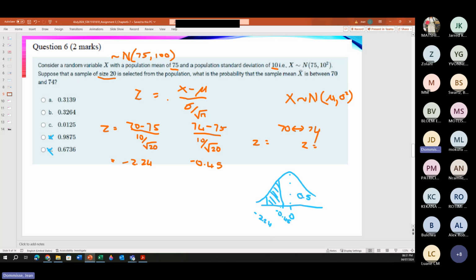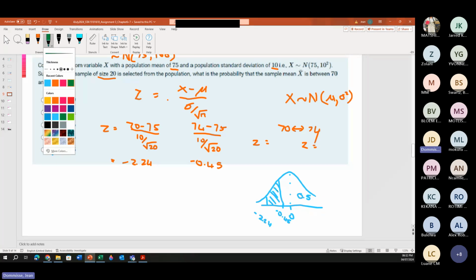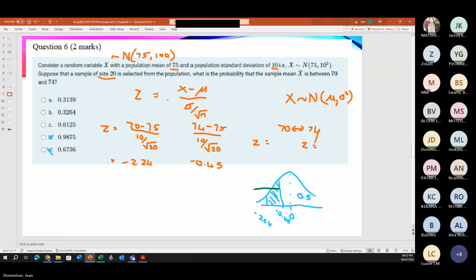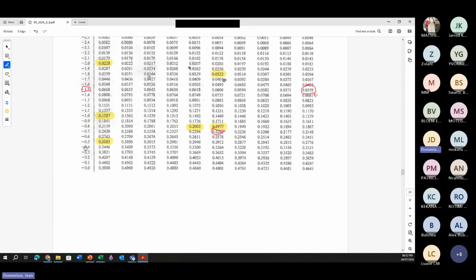So what we will need to do is to say, okay, let's get the probability that Z is smaller than minus 0.45. I think it's that one.